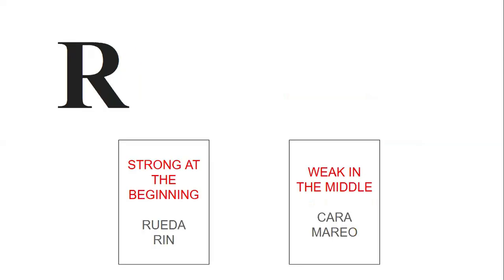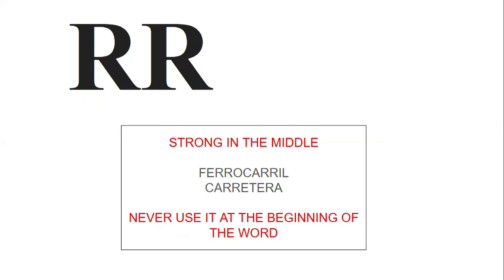Letter R is the same as in English, I think. It's strong at the beginning and weak in the middle. For example, rueda, rin, and if you find the letter in the middle of the word, it will be cara, mareo. Okay? I don't know if you have words with double R in English.